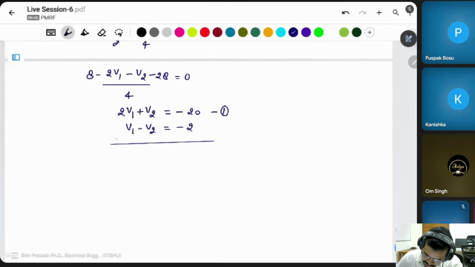You can add these, then this will be 3V1, this will be 0, is equal to minus 18. Oh, sorry, this will be 22. If you add, there is no change of sign. Minus 22 by 3.